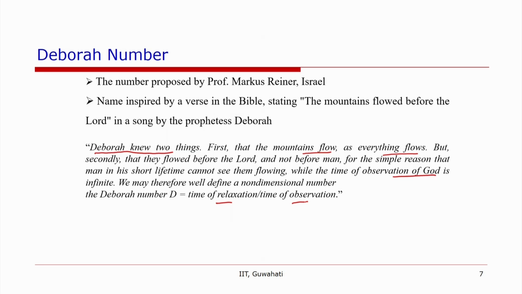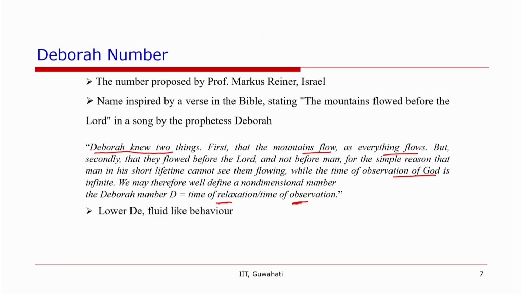If the relaxation time of a material is negligible or small with respect to the time of observation, then one can observe the fluid to be flowing. If the relaxation time is very small, one can see the flow happening and it will be fluid-like behavior.